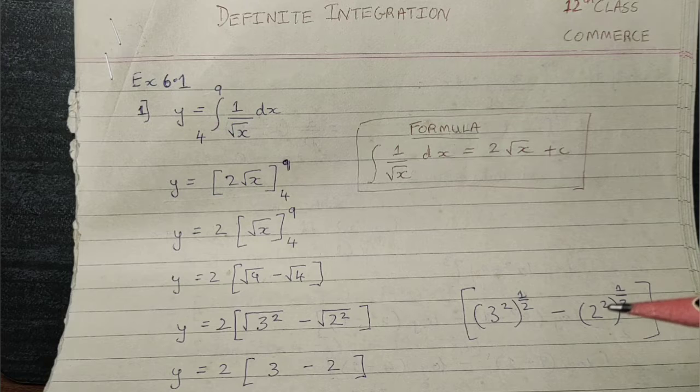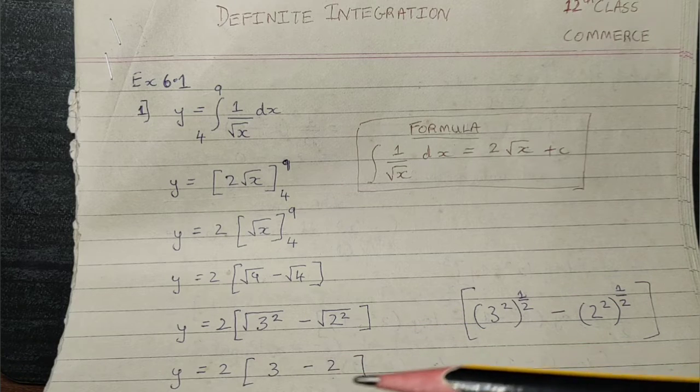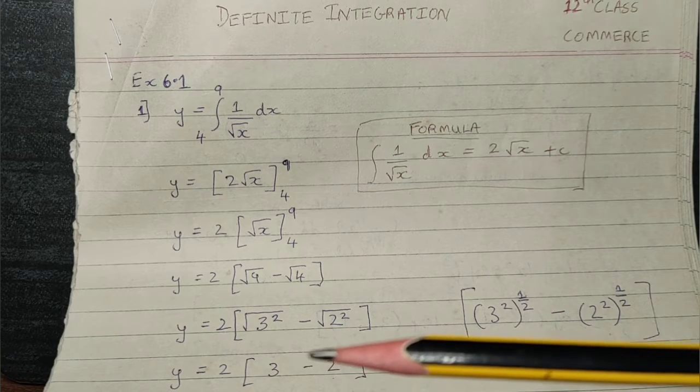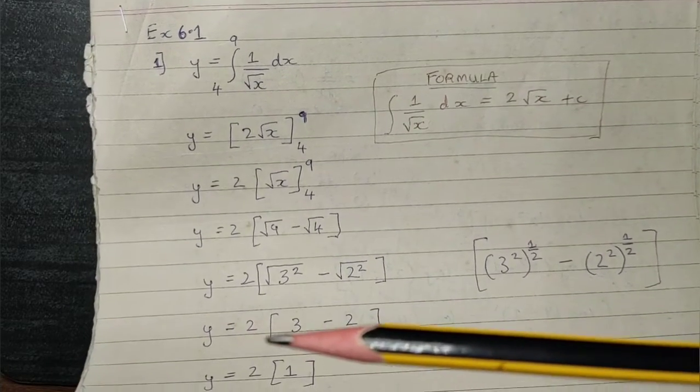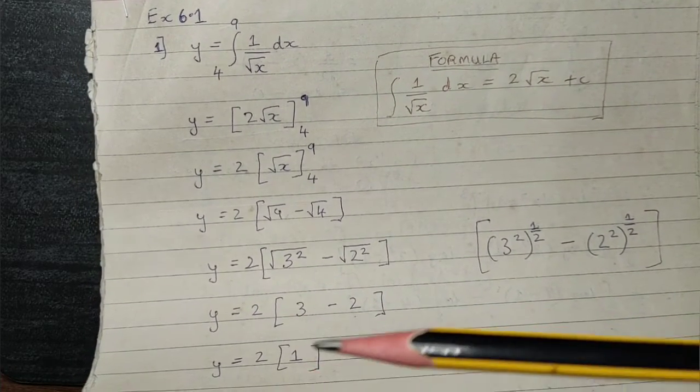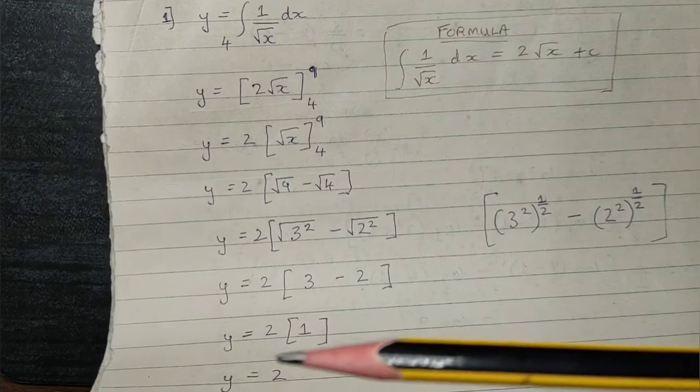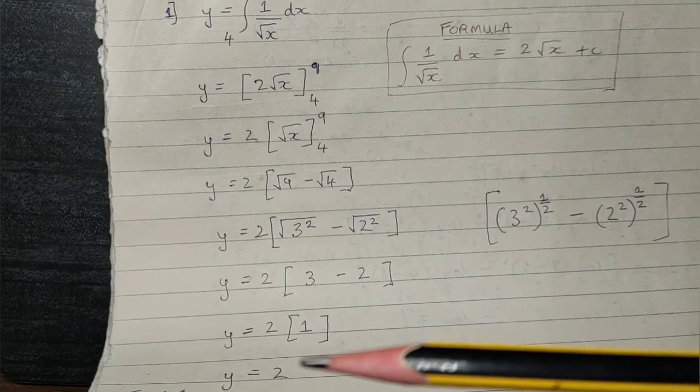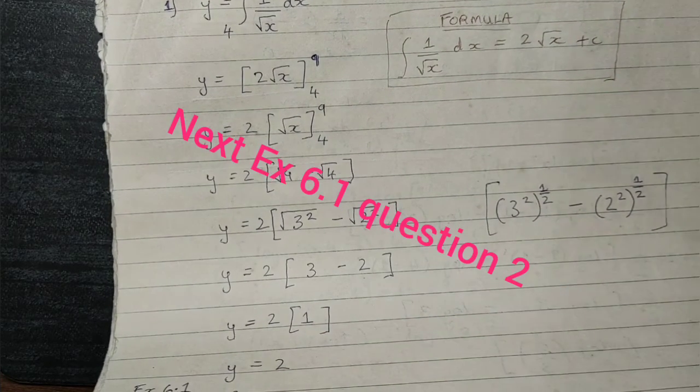Here also 2 square raised to 1 by 2, so the powers will get cancelled and we will be getting 3 minus 2. And outside we have a constant 2. 3 minus 2, you are already aware, is 1, and we will get the final answer as 2.